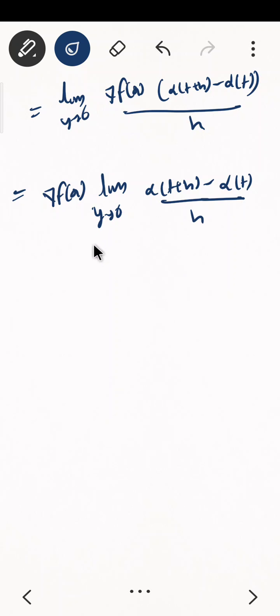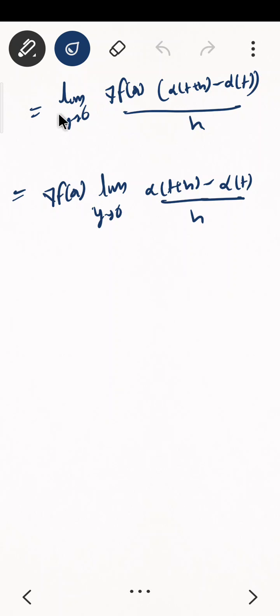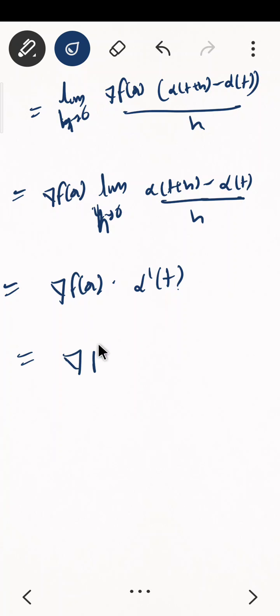Sorry, this is h, limit h tending to 0. Why putting y? This was limit h, na? h tending to 0. That is delta f of e multiplied by alpha dash of t. Correct? And what is your e? That is delta f of alpha of t into alpha dash of t.